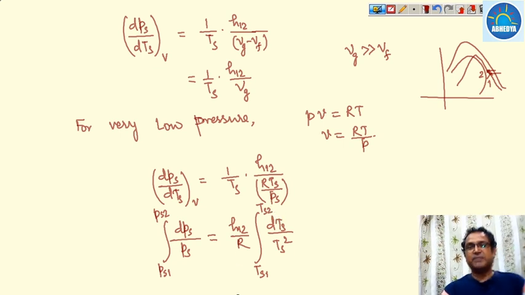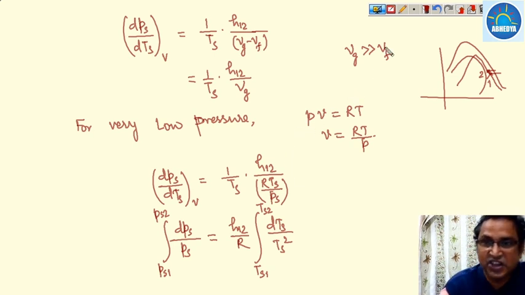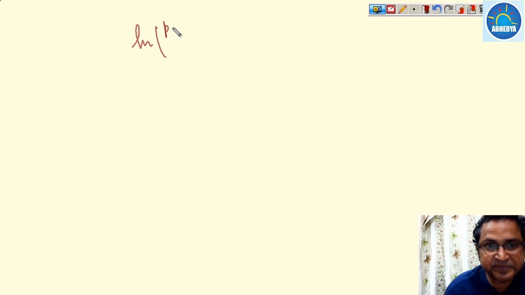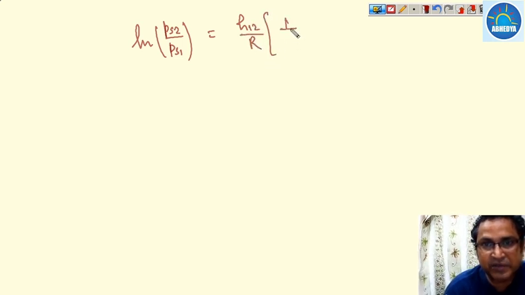Keeping in mind that these two states are much closer to each other, such that the value of the latent heat of vaporization remains constant, this equation can be written as ln Ps2 by Ps1 is equal to H12 by R into (1 by Ts1 minus 1 upon Ts2).